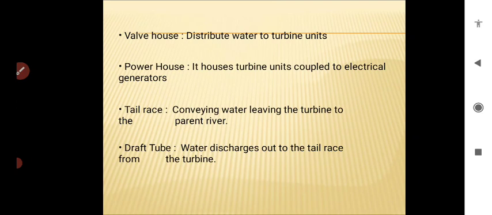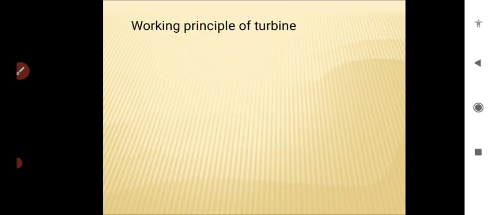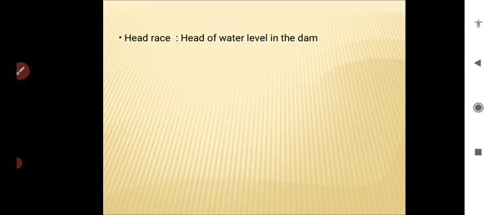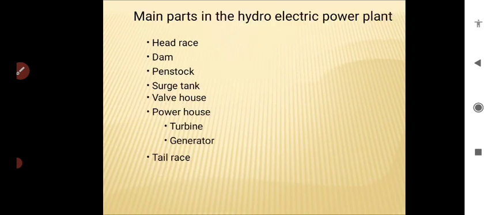The purpose of the draft tube is, first, to convert kinetic energy of leaving water into pressure energy, and second, it permits the turbine to be set above the tail race. These are the main parts, the main elements of the hydroelectric power plant.